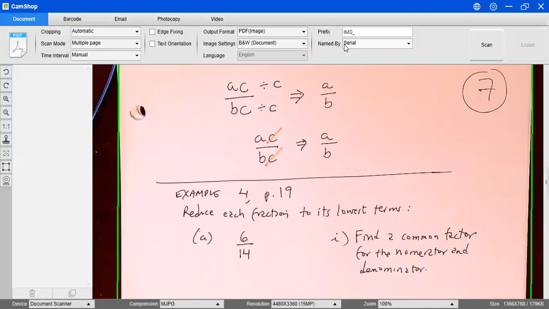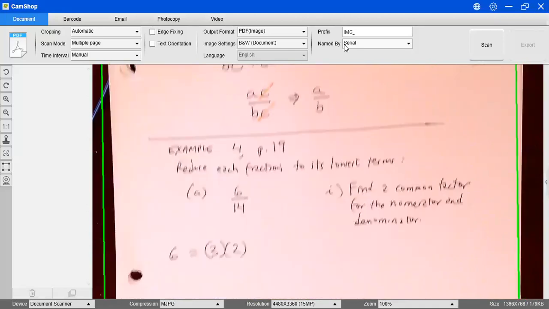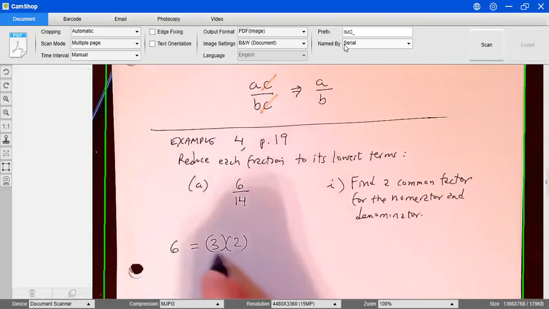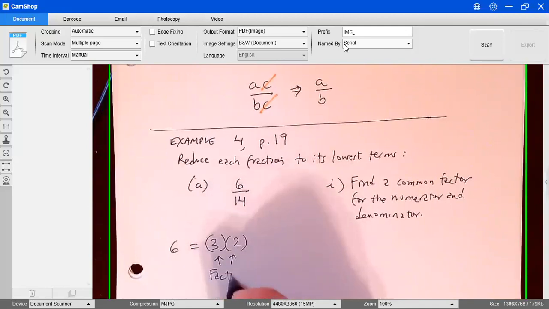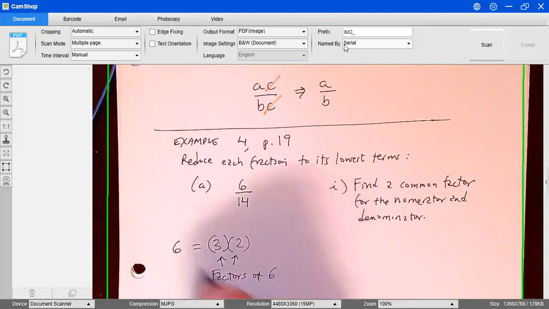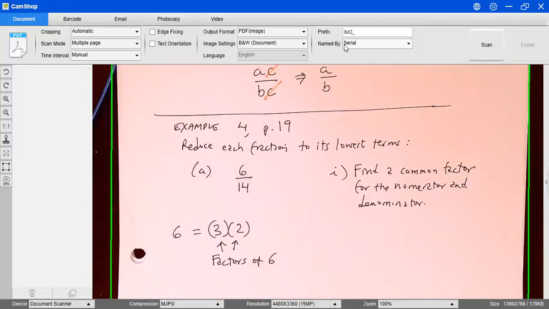What is that common factor? Factors are just numbers that multiply together, so you can break 6 into 3 times 2. You can call these two numbers factors of 6 because you can break 6 into this product.